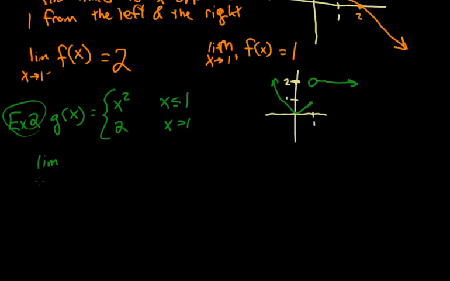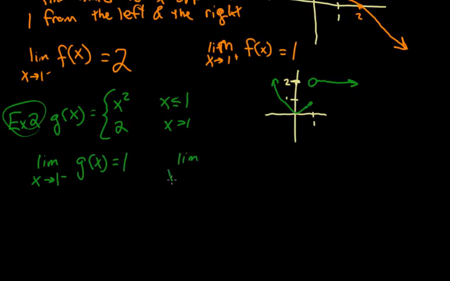And we can look at the graph to find the limits. We'll find the limits as x approaches 1 again. So the limit as x approaches 1 from the left of g of x equals 1.